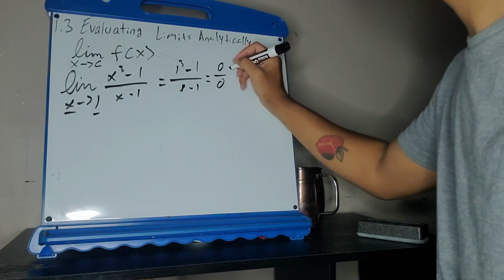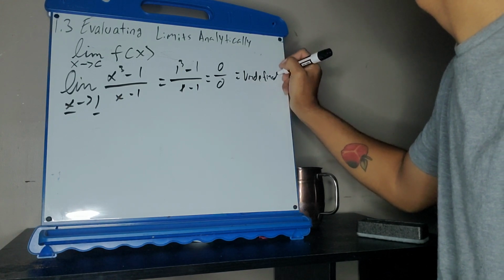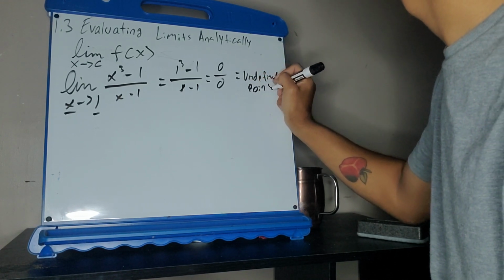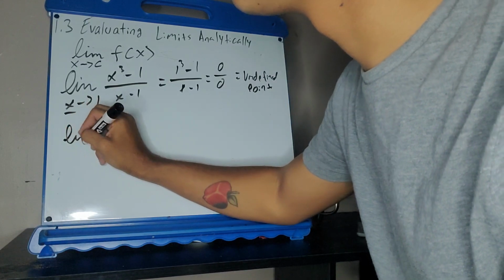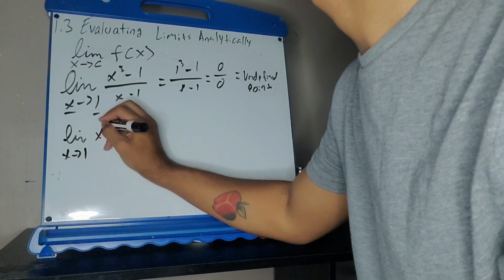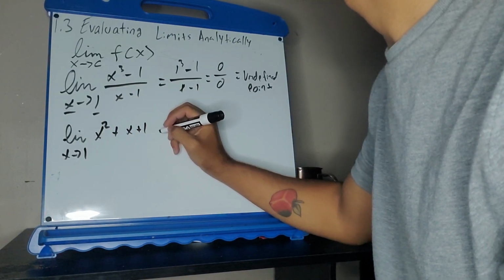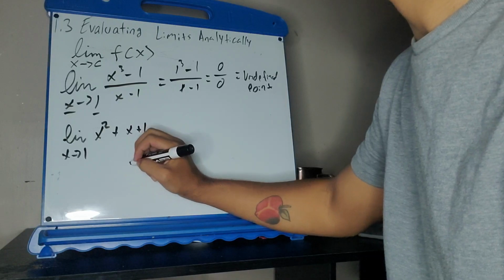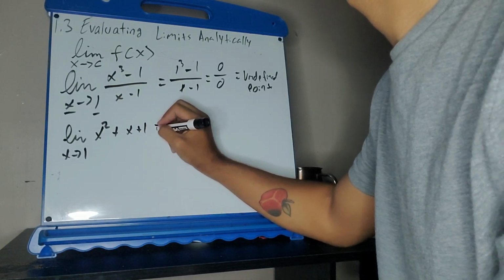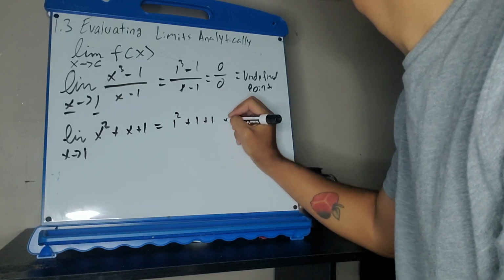This is an undefined point. However, the limit as x approaches 1 of x squared plus x plus 1, representing the g of x that we had just broken down, will be equal to 1 squared plus 1 plus 1, which is equal to 3.